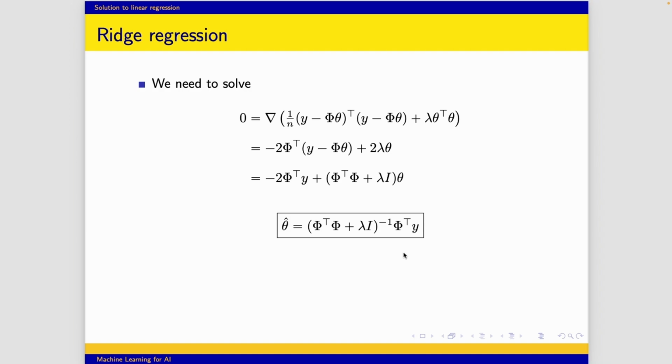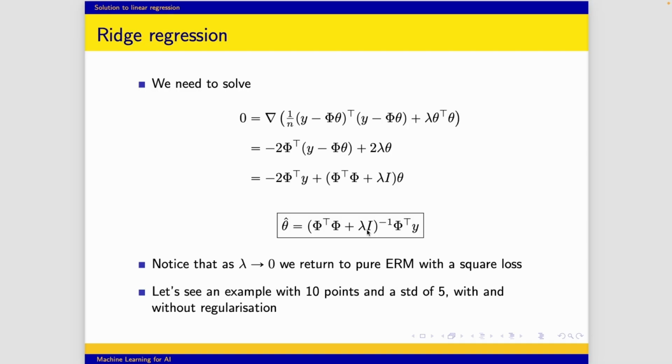So there's also that analogy here. Now notice that as lambda goes to 0, we get back to empirical risk minimization with a square loss. We just get this inverse, which is our ordinary least squares solution.